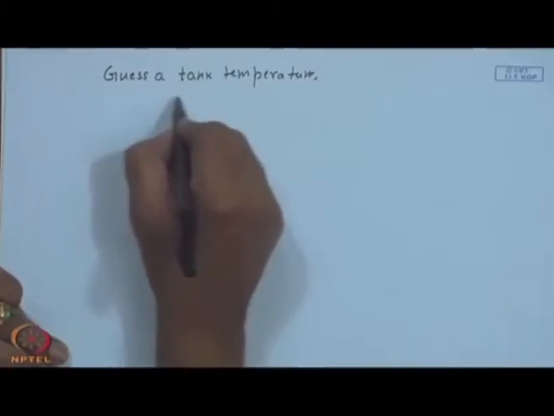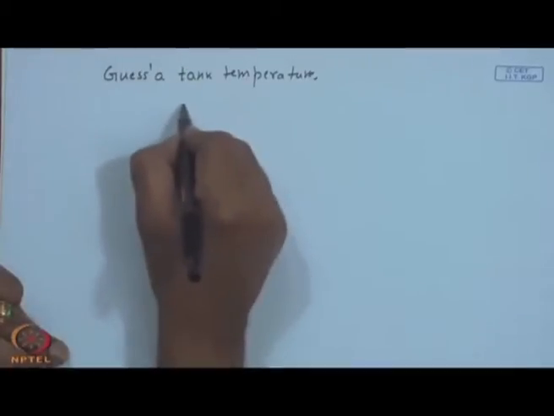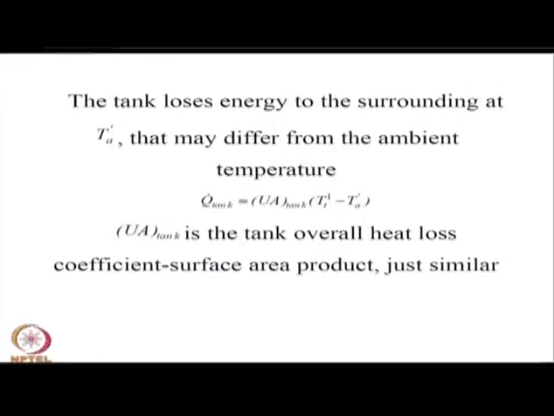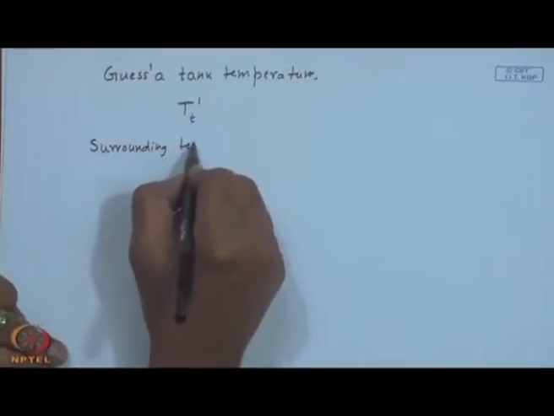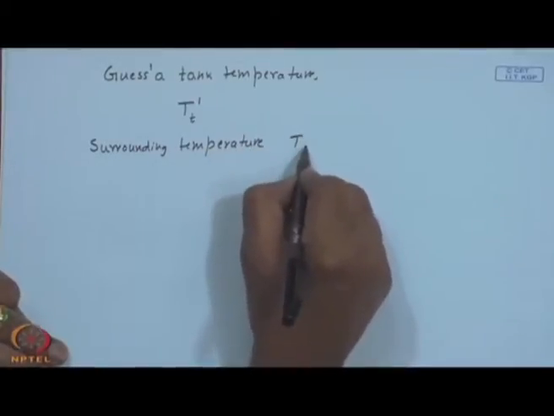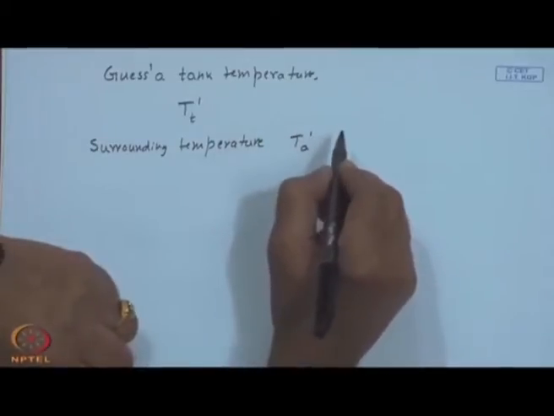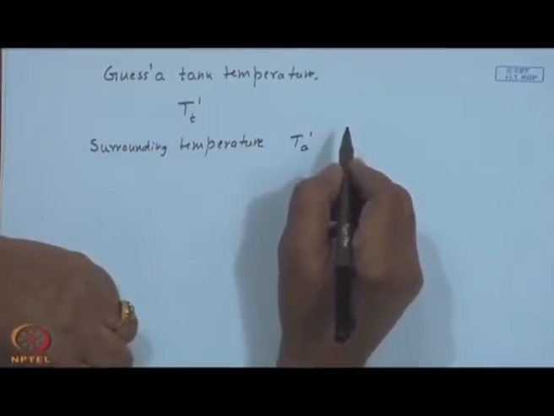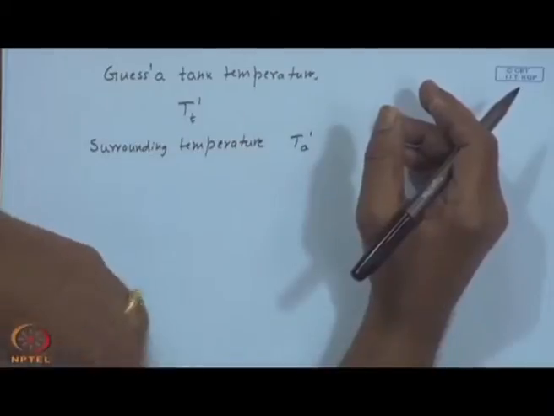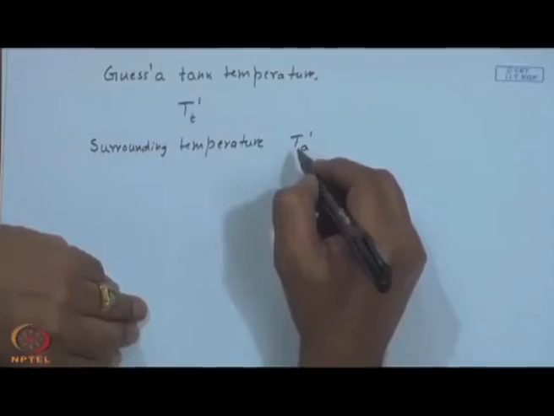So, this I will call it guess 1 and let this be T T 1 and the surrounding temperature may be T a dashed. Please note that this may be different from the ambient temperature, since many times the storage tank can be in the basement and the basement temperature, if it is heated, could be quite different from the ambient temperature. So, we will call it, to keep it general, T a dashed.